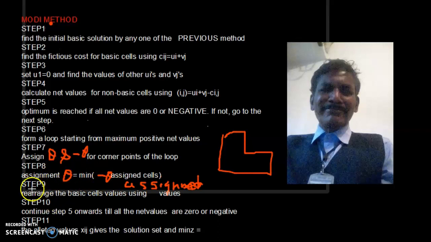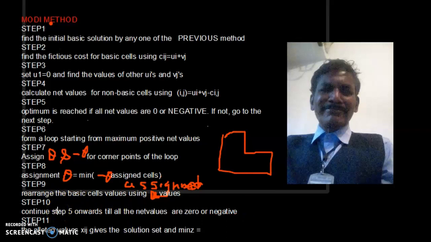Then comes step number 9. We can rearrange the entire basic cells by using this theta value. By using this theta value, it is possible to assign a new value for each cell. Okay, that is step number 9. Now next comes step number 10.